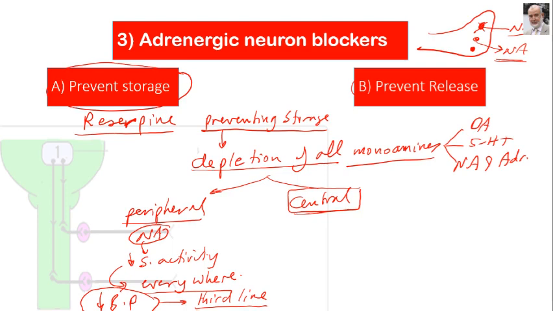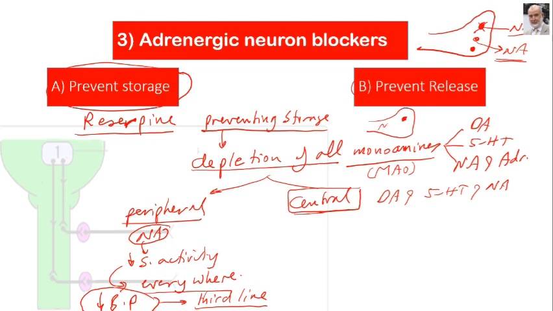Centrally, reserpine has a central effect because, as I have said, it can penetrate the blood-brain barrier and it can deplete dopamine and 5-HT centrally, and of course noradrenaline. Depletes all. Depletes means removal. Complete depletion means removal, because the monoamines will be broken down by MAO, as we have explained many times before. We have said that at the adrenergic nerve terminal, all monoamines should be stored in the storage vesicle.